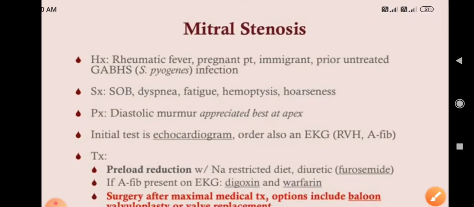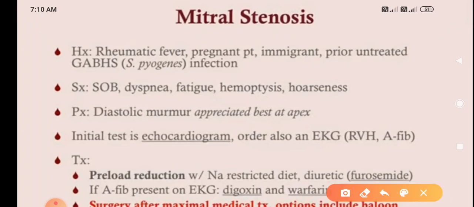In mitral stenosis, we have to rule out the history. Firstly, rheumatic fever: if the patient is pregnant, is an immigrant, or has a prior untreated group A beta hemolyticus pyogenes infection.